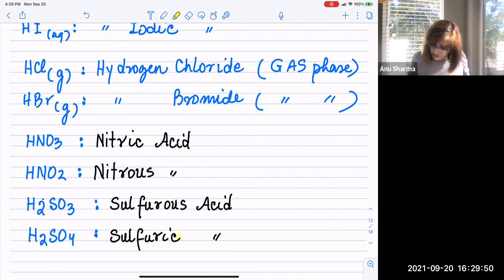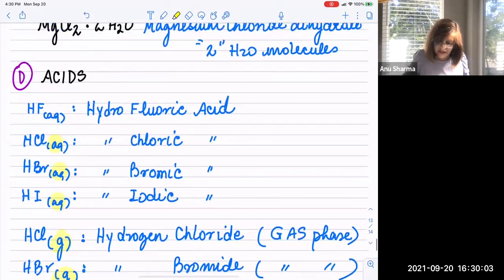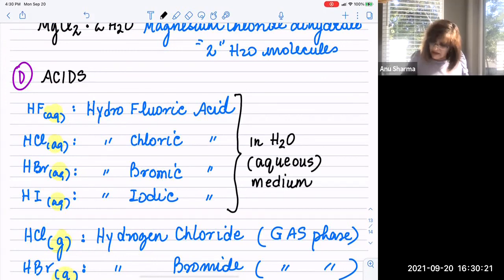So pay attention: higher oxidation state is ic, lower is us. Us is lower, higher is ic. Okay, so this one was the gas phase, and these are the aqueous medium. These happen in water, or this is also called the aqueous medium. All right.